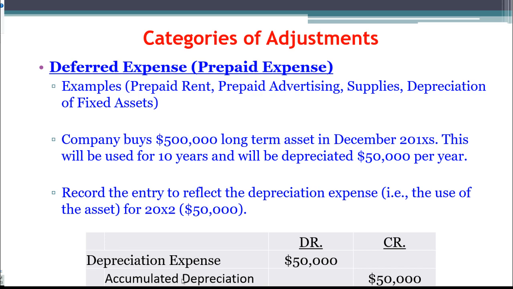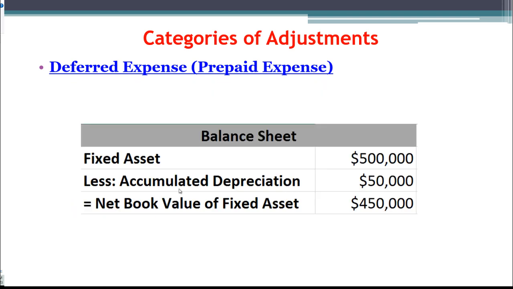This offsets the value of the asset on the balance sheet to basically reflect the fact that we've used it up. So on the balance sheet, we're going to see that fixed asset at its full cost minus the accumulated depreciation of $50,000 gives us the net book value of the fixed asset, $450,000. Again, we cover this more in detail in a later video.